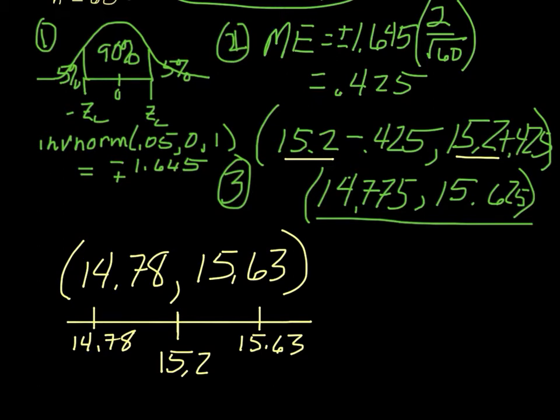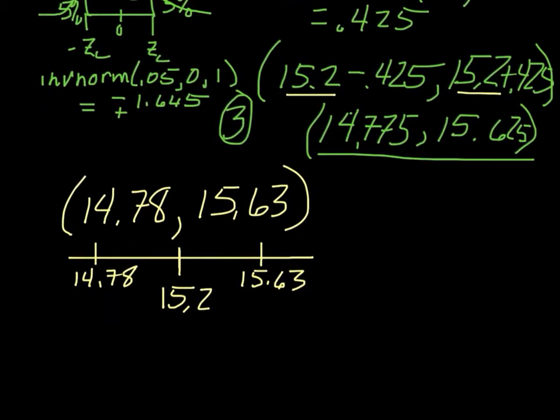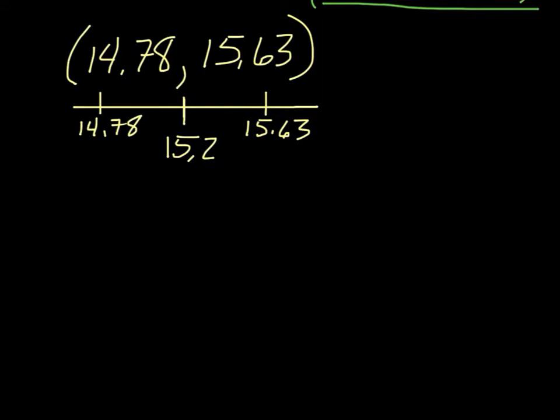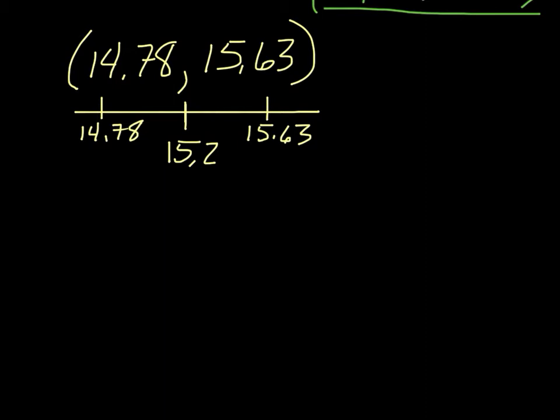There's also one other thing that you can do with these formulas for margin of error and the confidence or the critical values. And that one thing that you can do is you can find the sample size that you would like. And so how you would do this is you would actually write the margin of error as a formula.